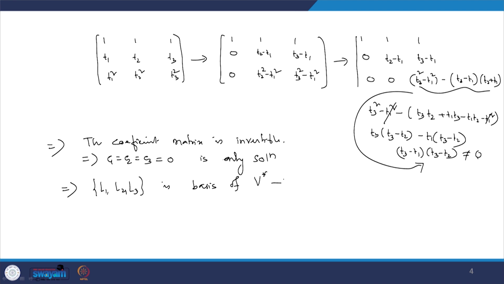Now, I have one question here. I want to find a basis for the space V for which this L1, L2, L3 will be dual.